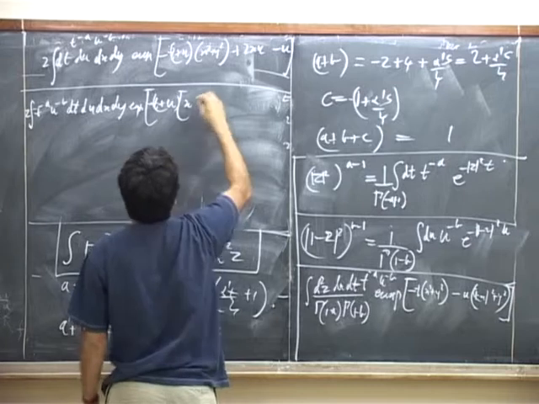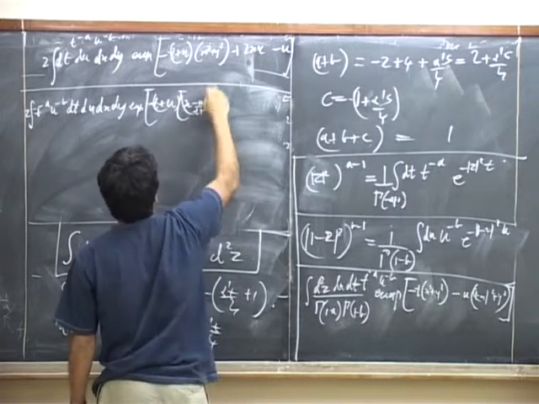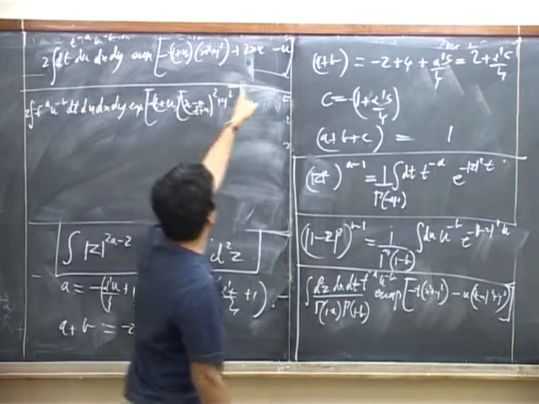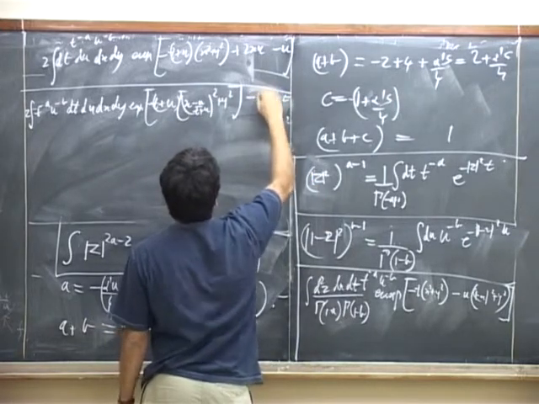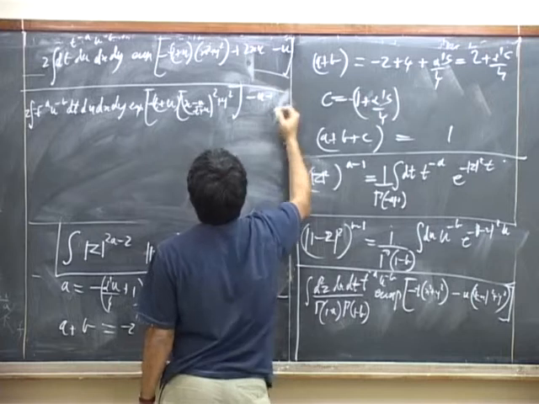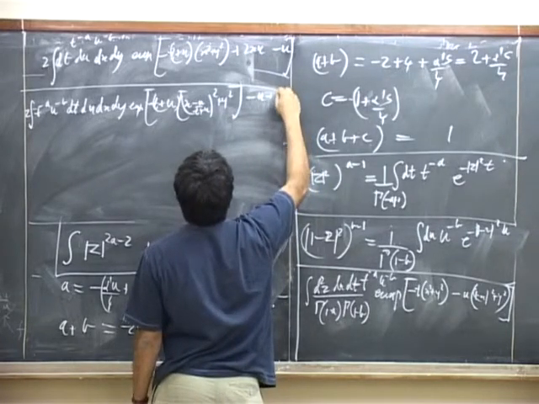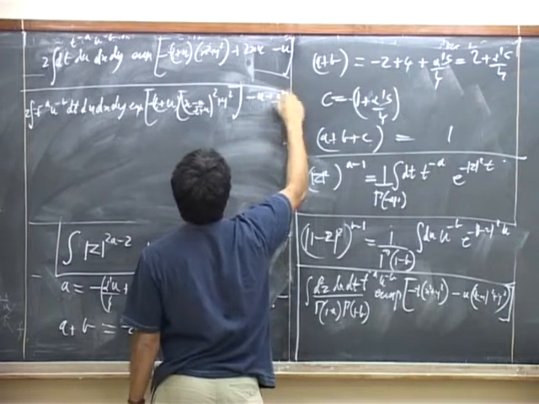It's u by t plus u, plus y squared. And then we have to do the subtraction here, which gives us minus u squared over t plus u.